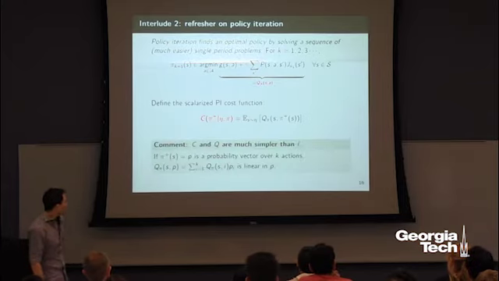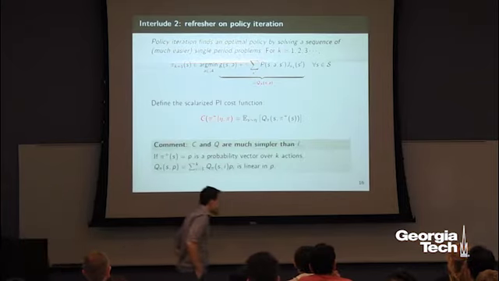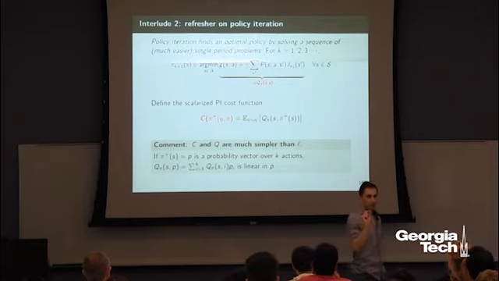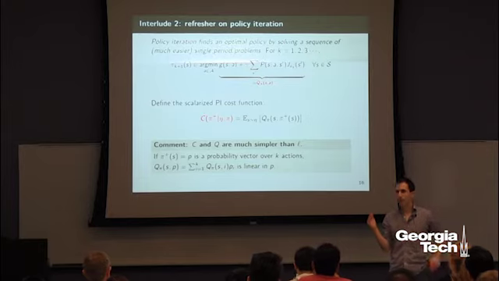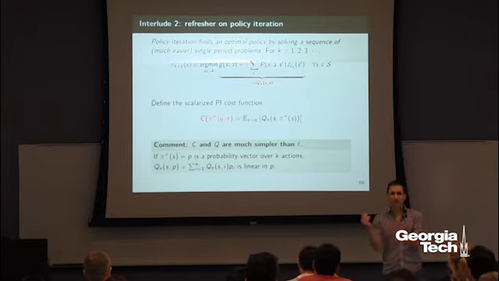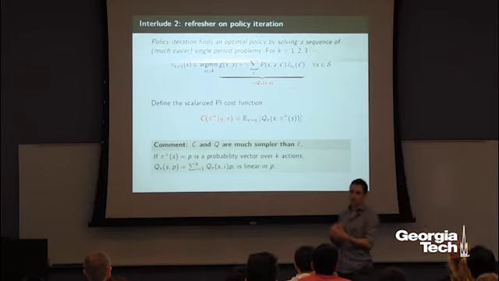All right. Now, a big comment is that C and Q, these things that involve a one-period decision problem, are much, much simpler than the loss function that policy gradient treats. You'll see that more explicitly in an example in a moment.